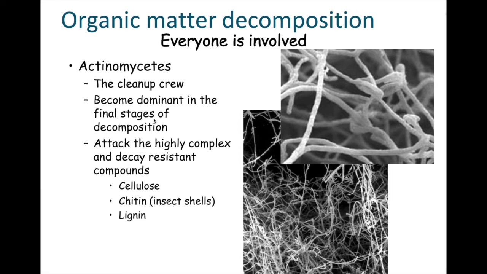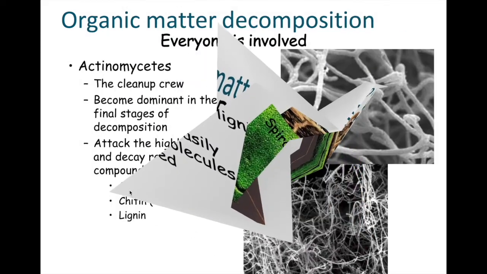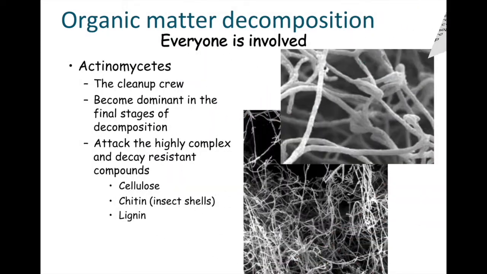Now, going back, the bacteria have a hard time degrading these polysaccharides. But actinomycetes, which is also a monera, have the ability and can easily decompose this cellulose, chitin, and also lignin.